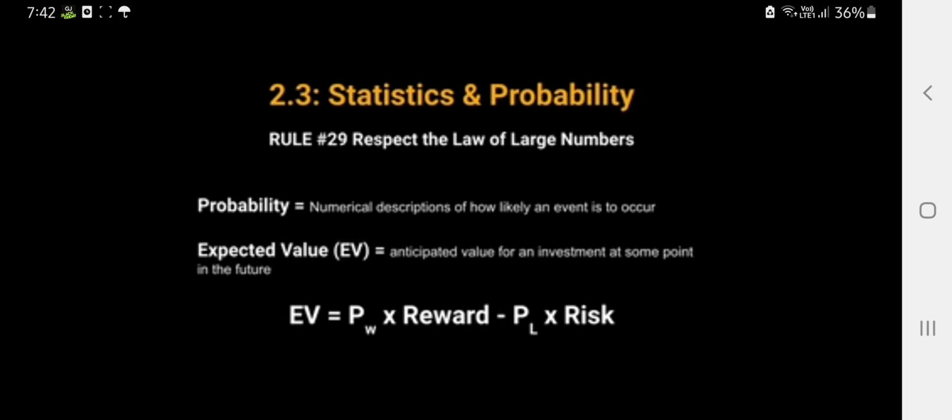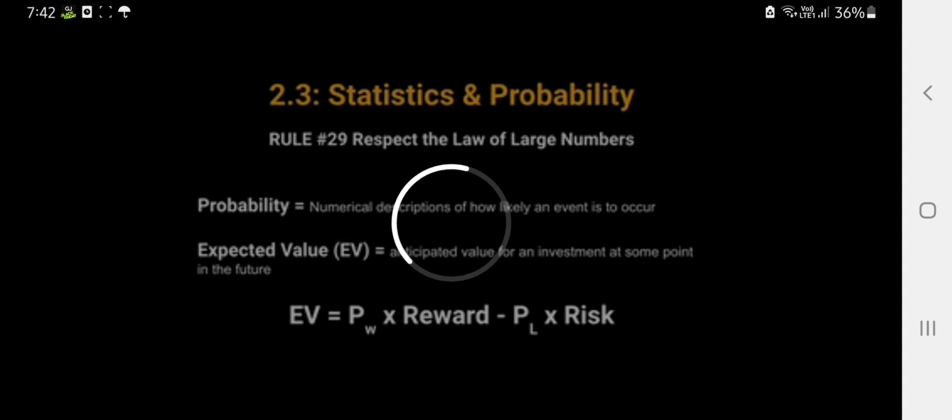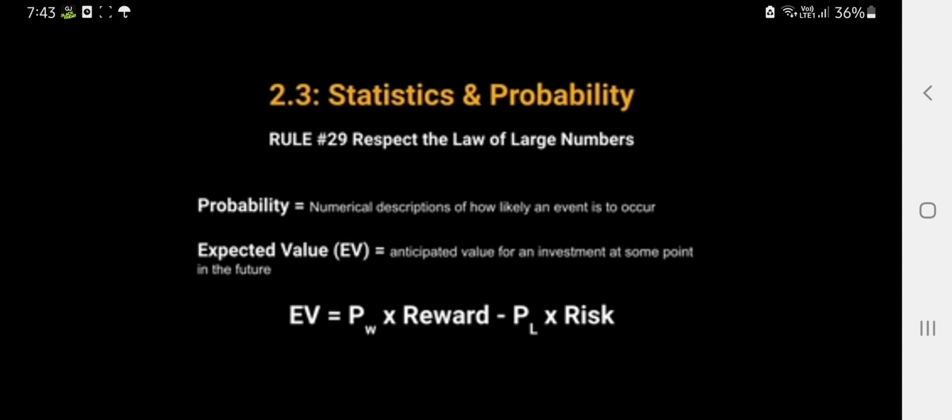Take a coin that's not weighted, just a regular coin: the probability of heads is 50%, 0.5, however you want to visualize it. That's the numerical description of how likely heads is to occur.